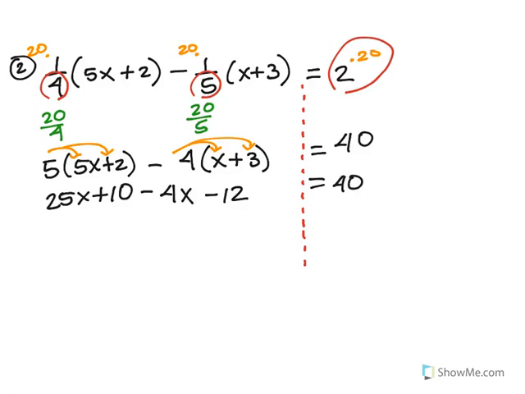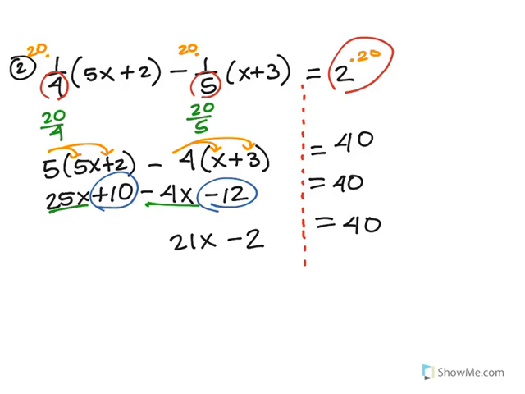And then I'm going to clean it up. I'm going to say 25x minus 4x will give us 21x. And then 10 minus 12 is a negative 2 equals 40. And then I'm going to get 21x by itself by moving the negative 2 over.